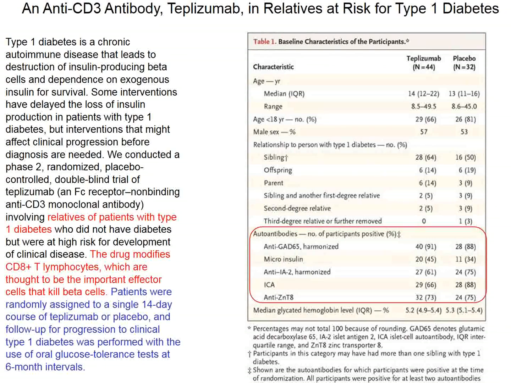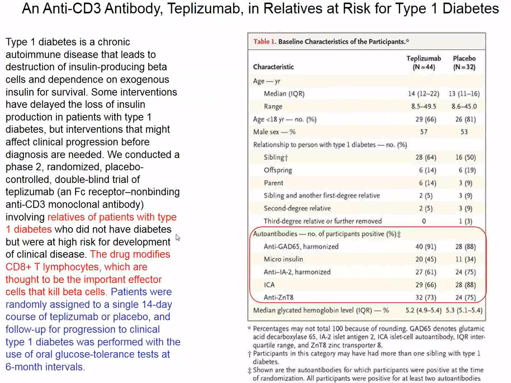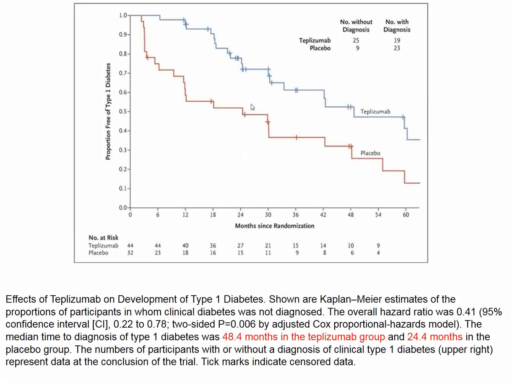But there are also antibodies against microinsulin and antibodies against islet cells, etc. The patients that had these antibodies were randomized to teplizumab or placebo, and subsequently observed. The teplizumab, as I believe, was given as a single dose, which then had to last the patients for an extended period of time.